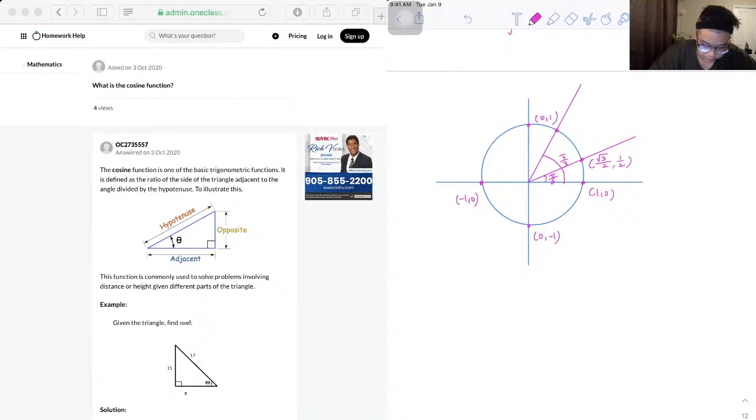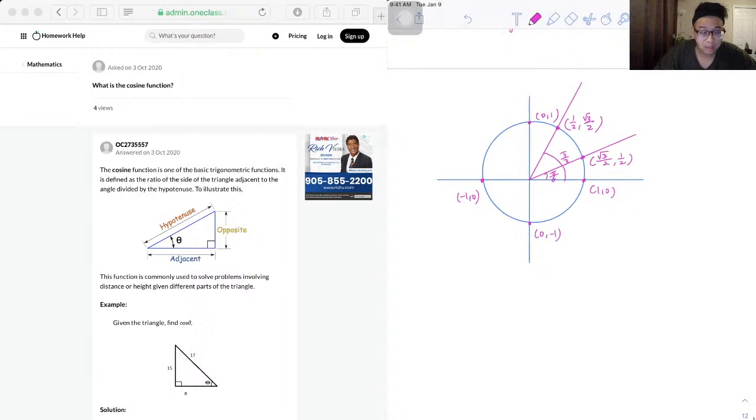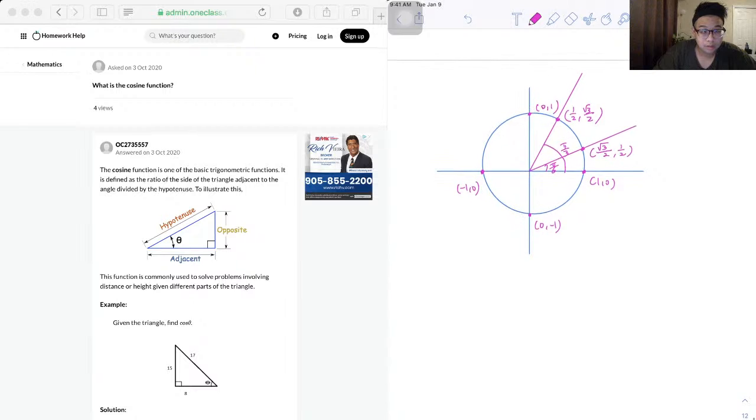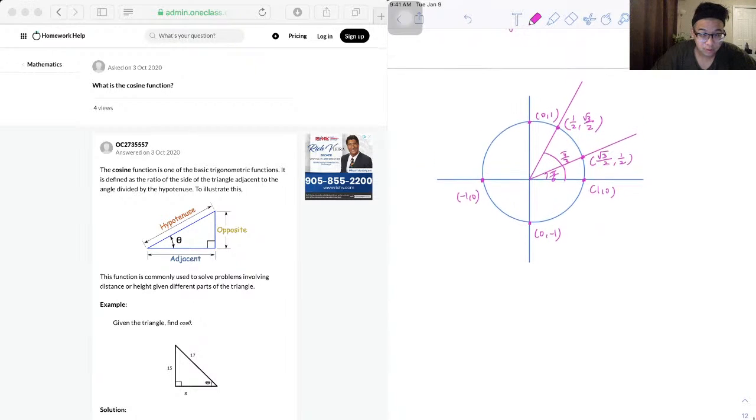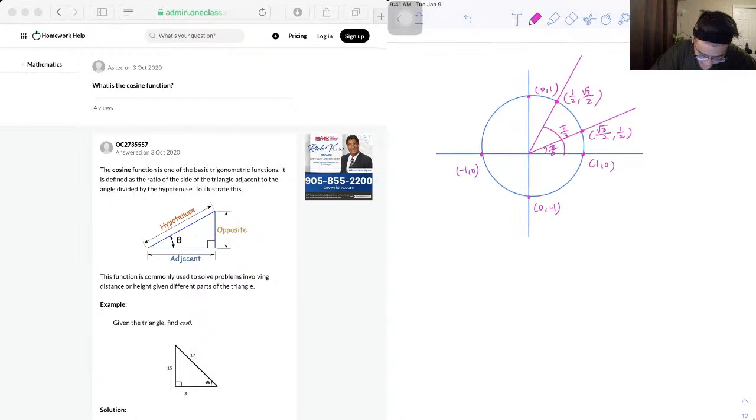So the coordinate for this point will be (1 over 2, root 3 over 2). Yep. And if we have a, let's say we have an angle here.